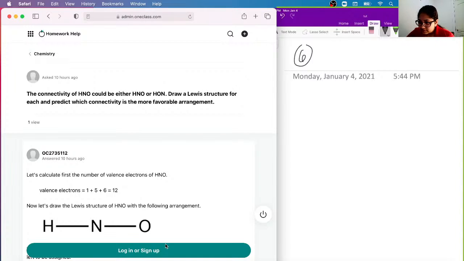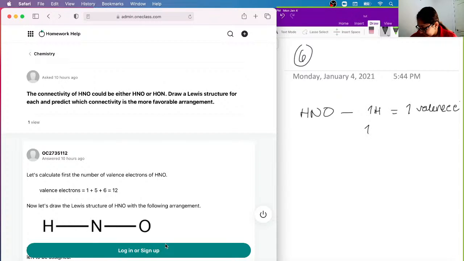Okay, so let's calculate the number of valence electrons. So we have H, N, and O. One hydrogen has one valence electron.